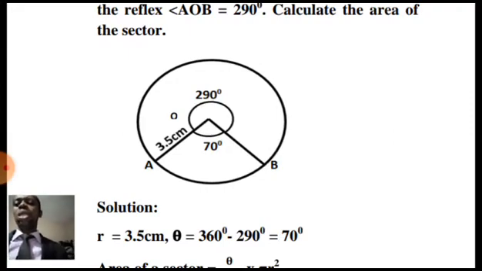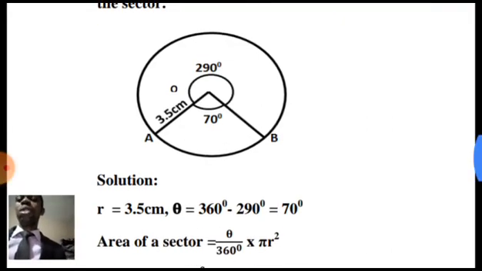Sometimes the angle may not be given since the reflex angle is given. So all you just need to do is to subtract 290 degrees from 360, and the remaining one will be the angle that we are going to use.